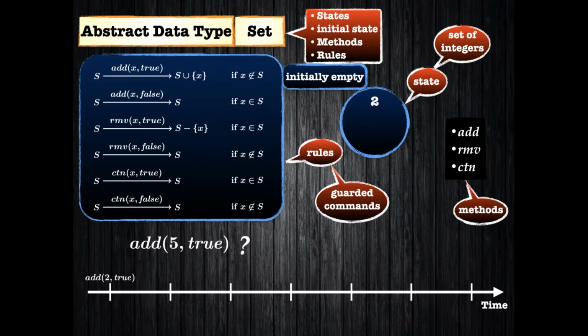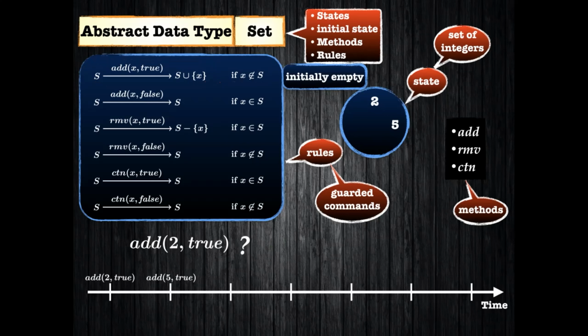No, it's not. So this guard is satisfied. Indeed, I can apply this, I can get this operation, and I move to a new state where I have added the 5, the X, to the set S, and this is the new state here, and this is the operation I performed.